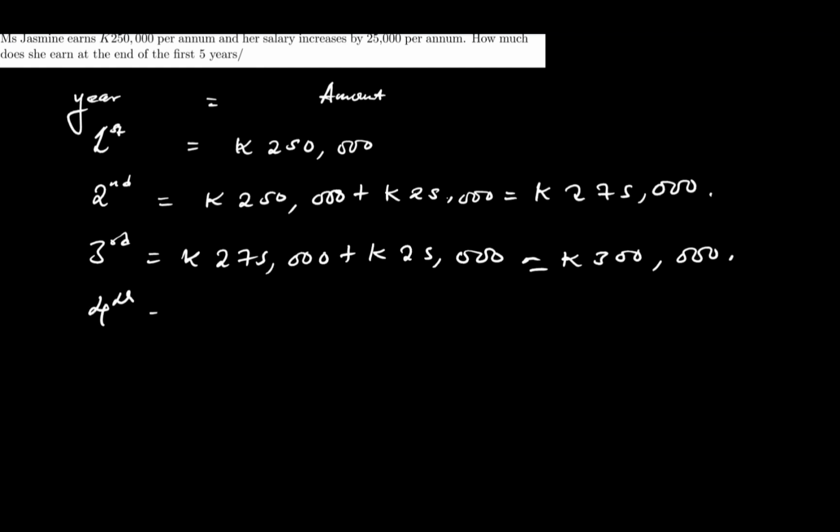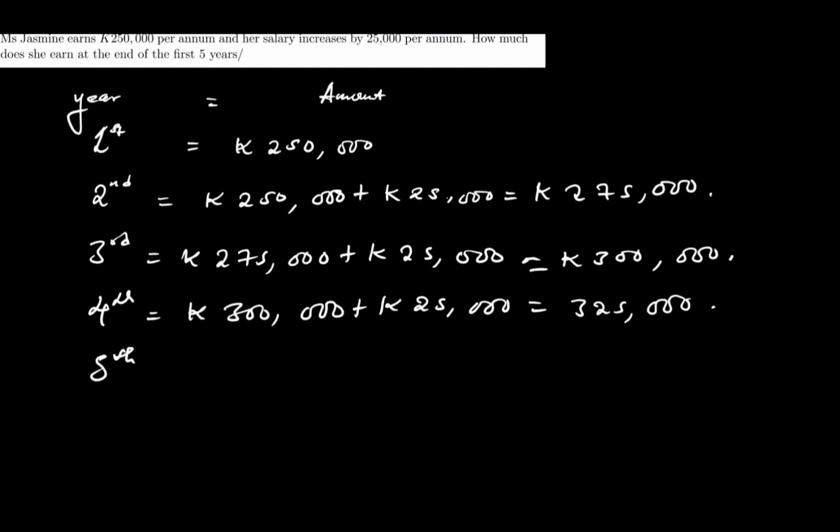In our fourth year, we have the 300,000 kwacha plus the increment of 25,000 kwacha, and this person will get 325,000 kwacha.